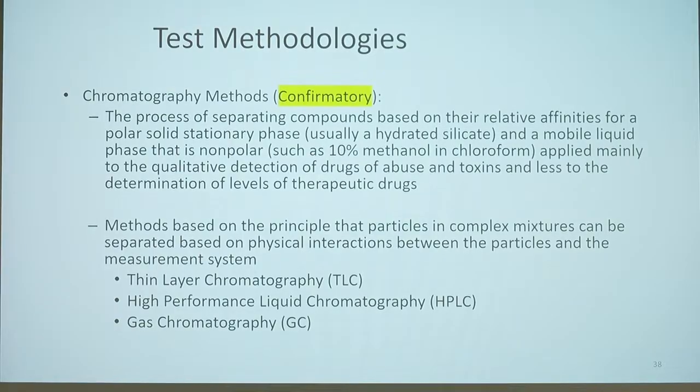And then chromatography, you have multiple types, but chromatography uses the characteristics of how a compound passes through the stationary and mobile phase of an analyzer, and based on those properties, it tells you the chemical characteristics of the agent and what the agent actually is.